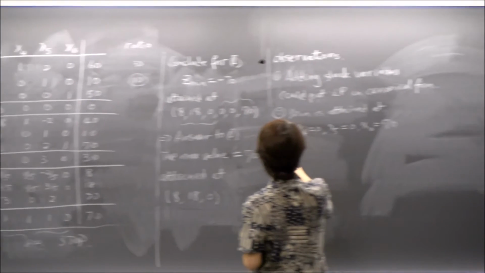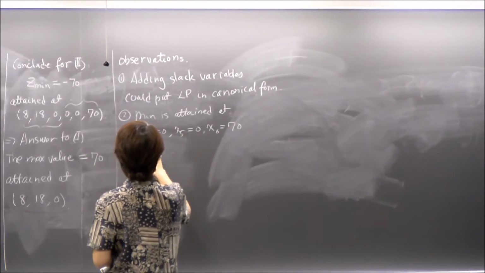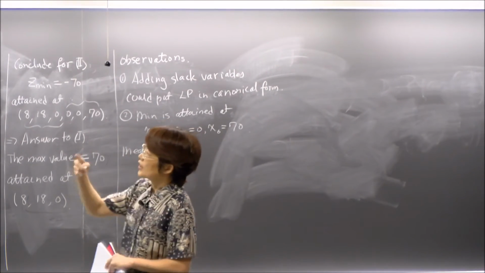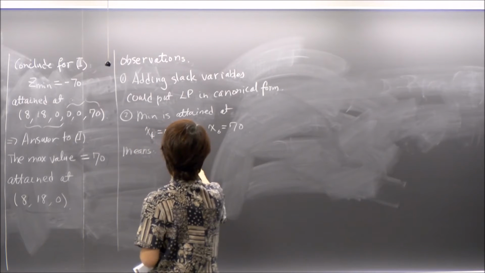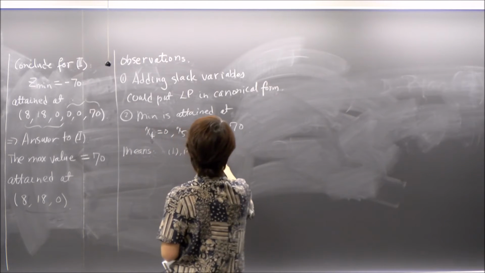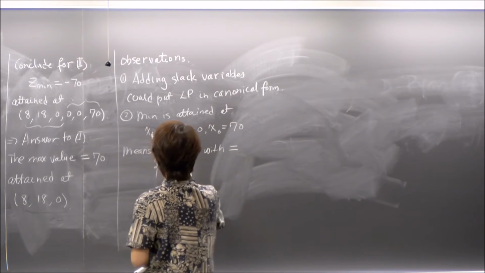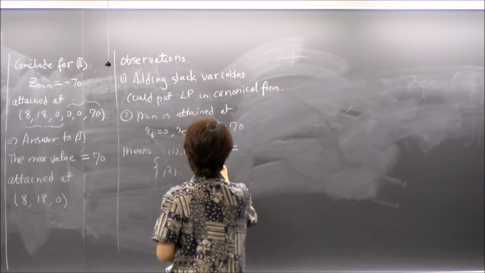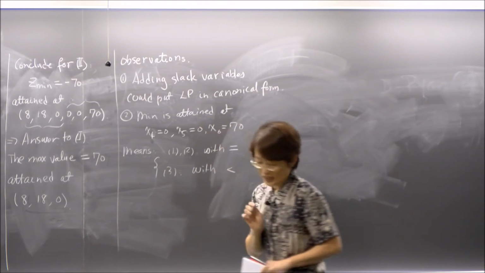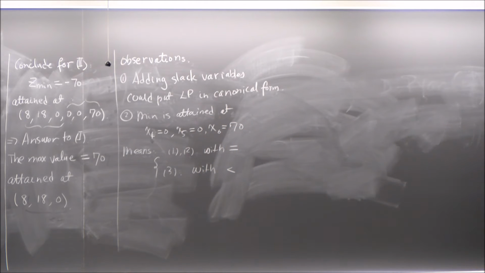So this means the constraints 1 and 2 will be with the equal sign, and the constraint number 3 will be with the strictly less than sign. Okay.